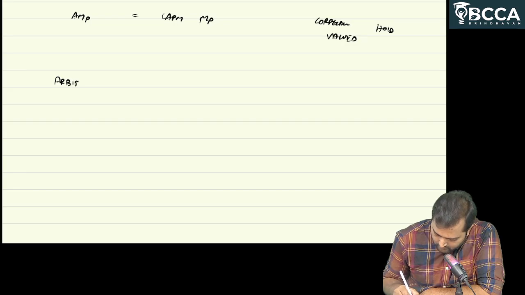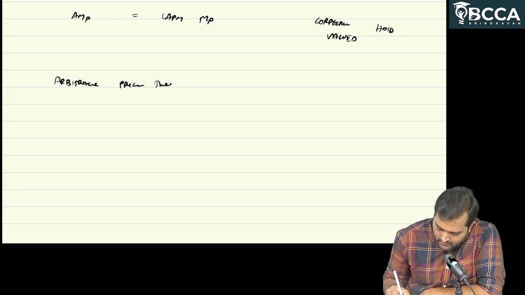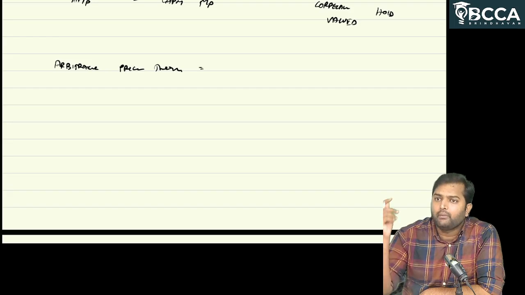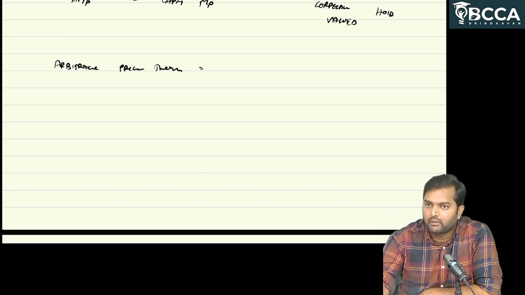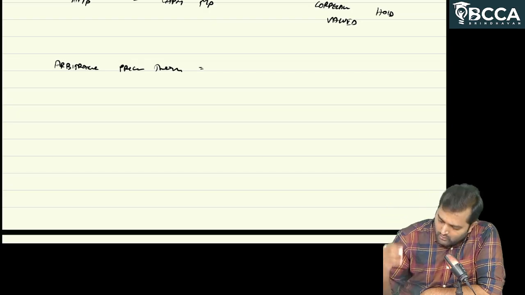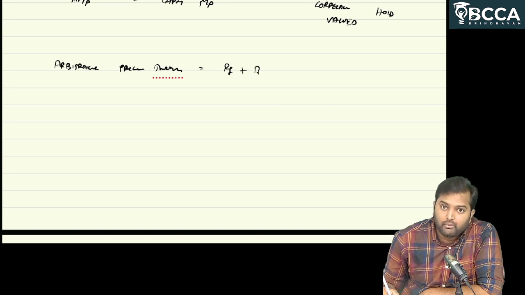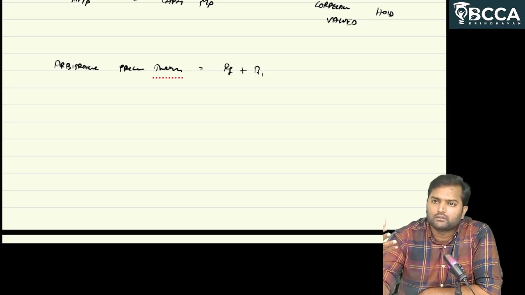Later, after completion of CAPM return, we have seen arbitrage pricing theory. In arbitrage pricing theory, we are considering a premium for various factors. Arbitrage pricing theory is equal to RF plus beta 1 F1. Beta 1 means the sensitivity of a security return with respect to factor 1.